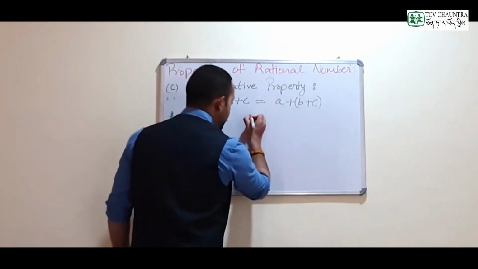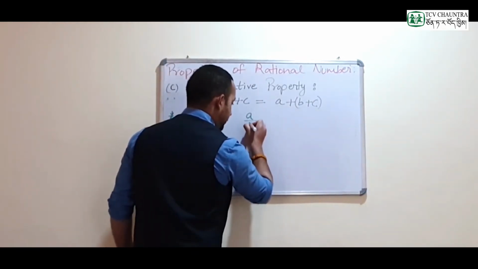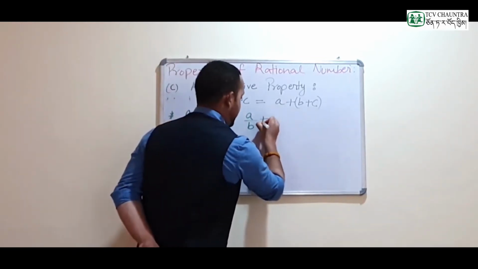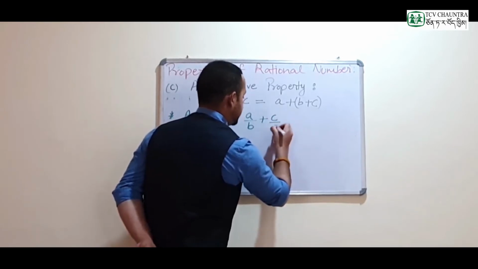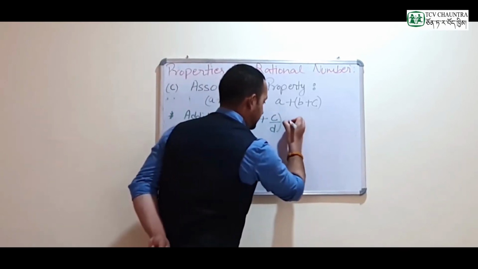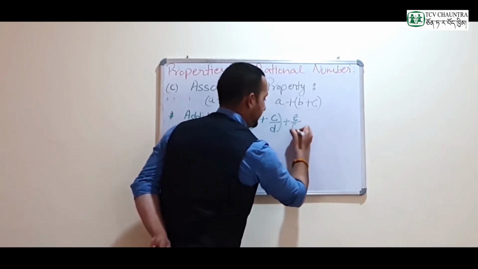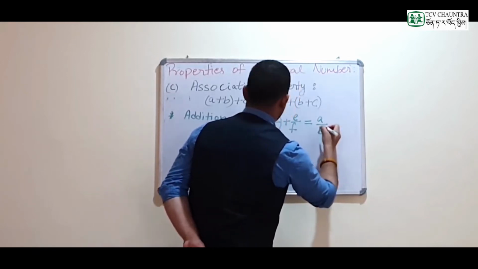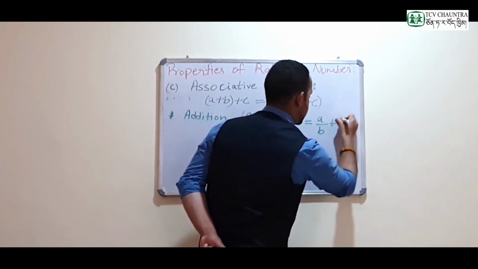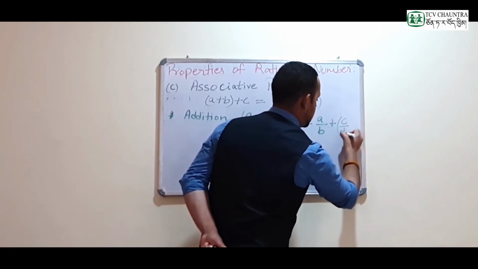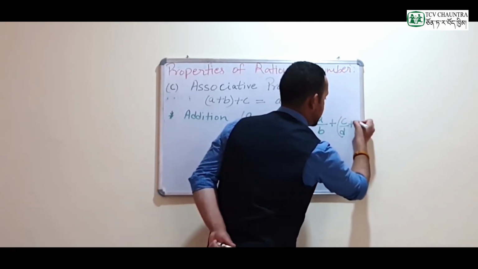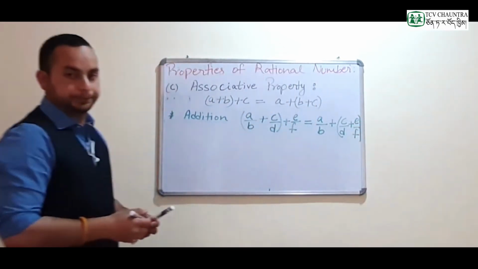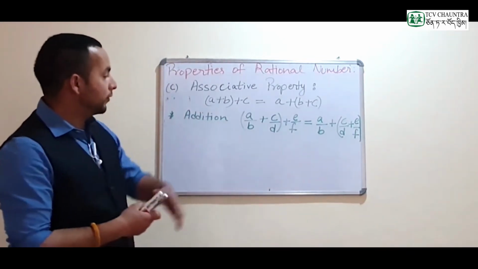So the general formula is, for rational numbers, (A upon B + C upon D) + E upon F is equal to A upon B + (C upon D + E upon F). Okay, this is the formula.